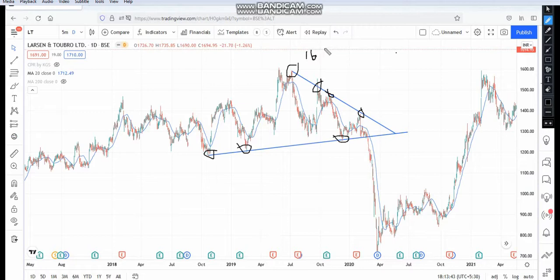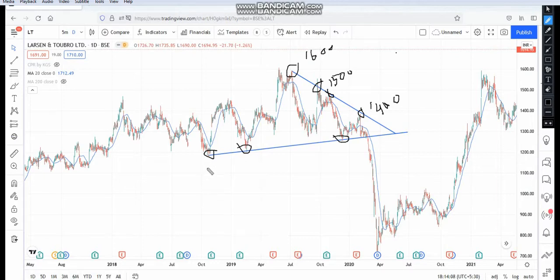Next, here the price, you can take it as 1600. Like that, here it is 1500. You can see this is 1500. Here it is almost 1400 because of sellers' pressure. Sellers have put more pressure. They have brought down the market from 1600, 1500, 1400.